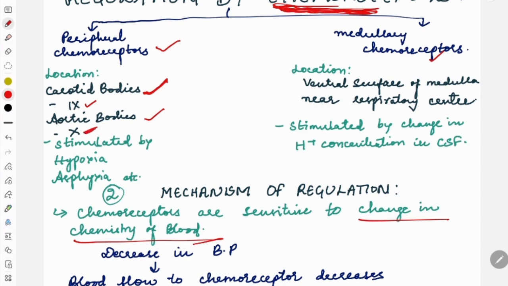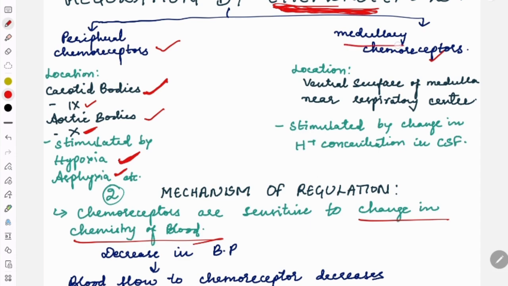These peripheral chemoreceptors are stimulated by hypoxia, that is decreased oxygen content in the atmosphere, and asphyxia, that is increased CO2. So what is asphyxia? It is hypoxia plus hypercapnia. What is hypercapnia? Increased CO2 content in the blood. In these two conditions, the peripheral chemoreceptors get activated.